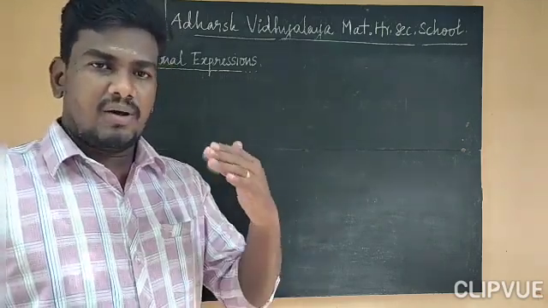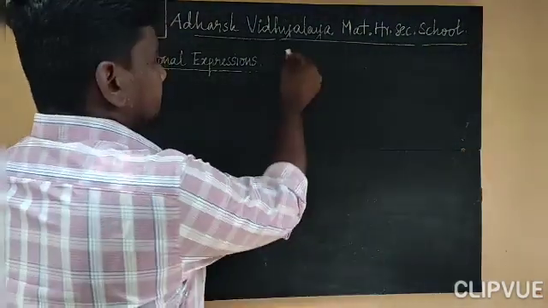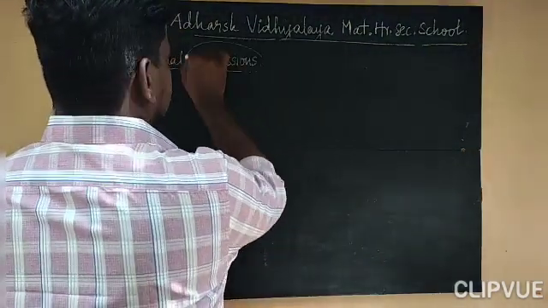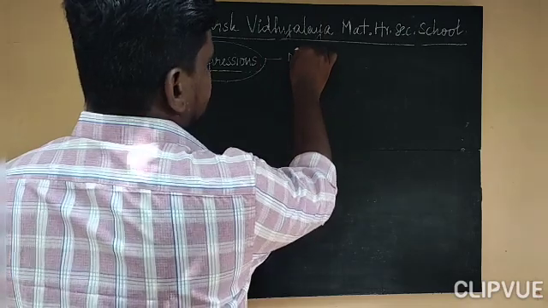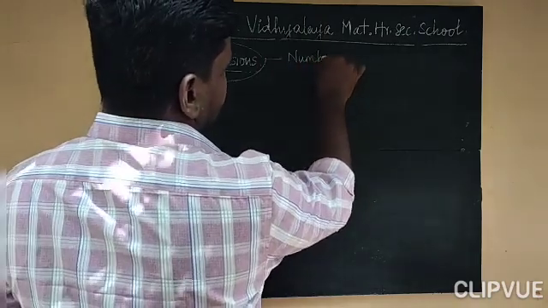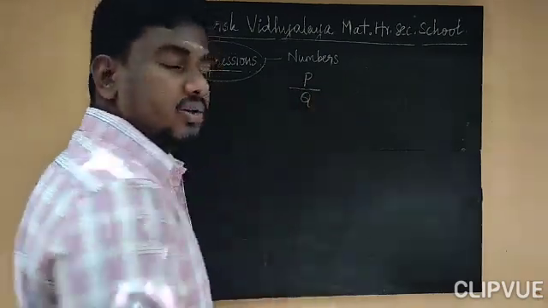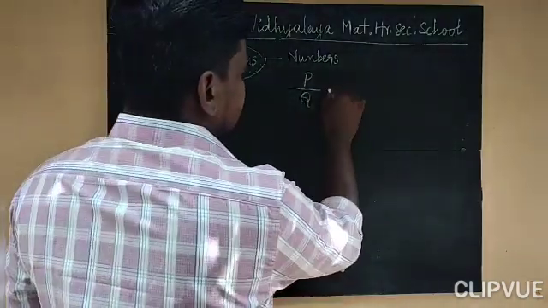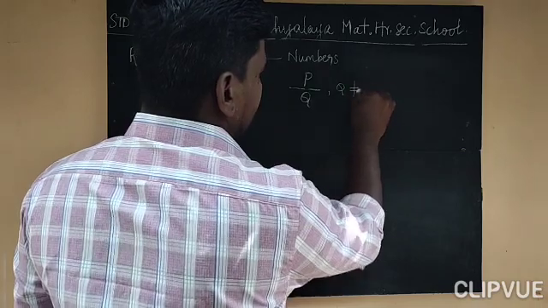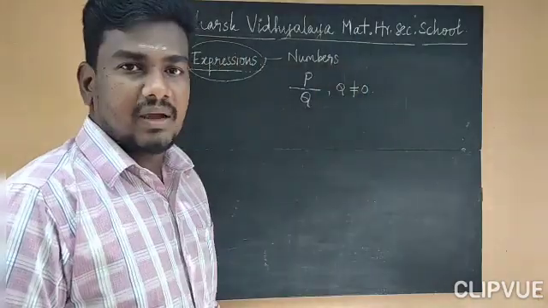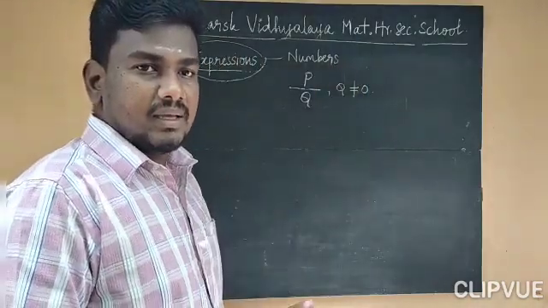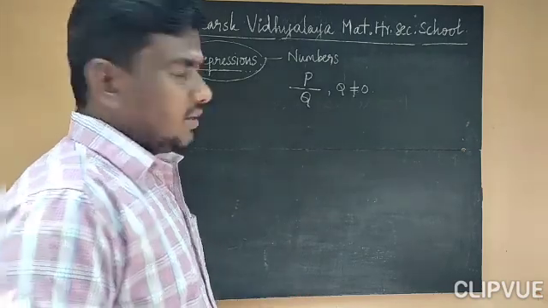If it is in the form of P by Q, where the denominator Q is not equal to 0. The denominator must not be equal to 0. Why?